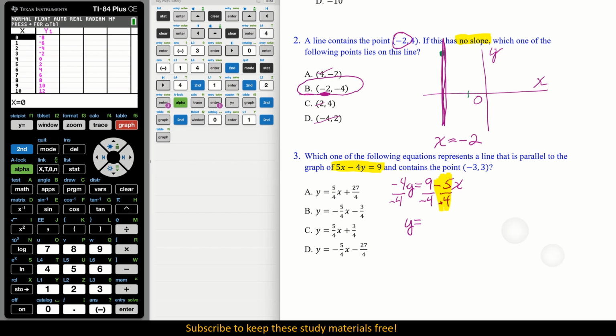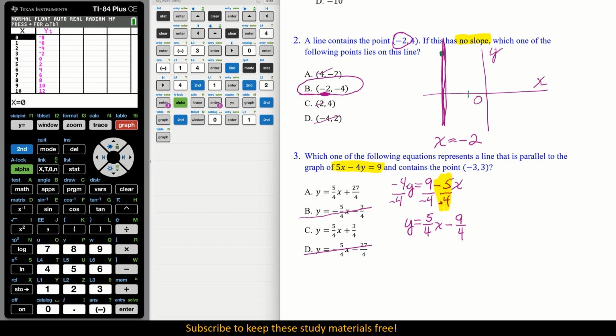So I'm going to kind of rewrite that as 5 over 4x minus 9 over 4. Okay, so that's my slope, 5 over 4. So, but it's positive. So that eliminates B and D. Okay, so what we need to be parallel is a line that has the same slope but a different y.